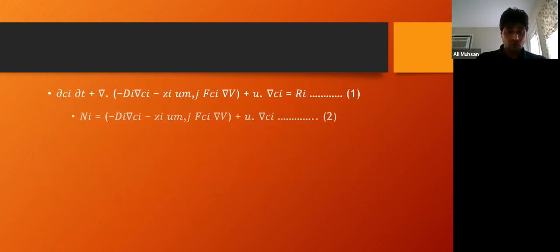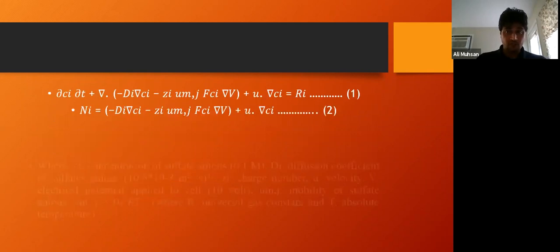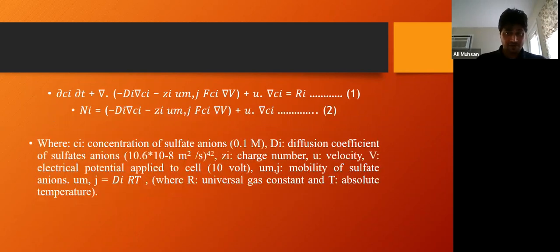As we see in equations 1 to 2, we define the parameters: the concentration of sulfate anions, the diffusion coefficient of sulfate anions, the velocity, the electrical potential applied to the cell, and the mobility of the sulfate anions.